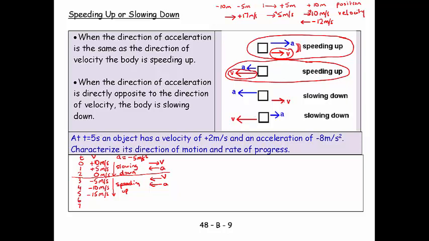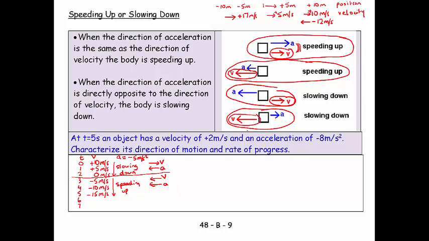If I have a positive velocity and a negative acceleration, I am slowing down while going in a positive direction. If I have a positive acceleration and a negative velocity, I am slowing down while going in a negative direction.